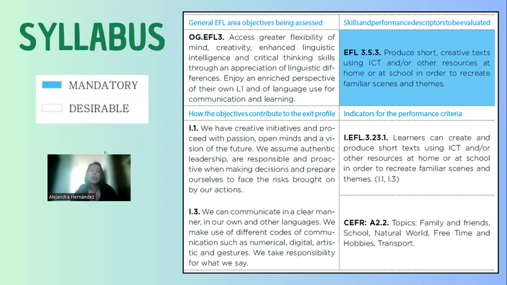As teachers, we must not forget that an indicator for the performance criteria must be a measurable piece of evidence that shows whether a student has met the expected learning outcome of a specific lesson, unit, or course. So everything depends on us, because as teachers, we need to give our students the most important things so they can apply all of this in a communicative environment.